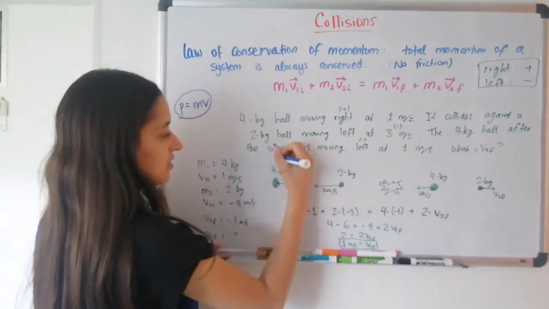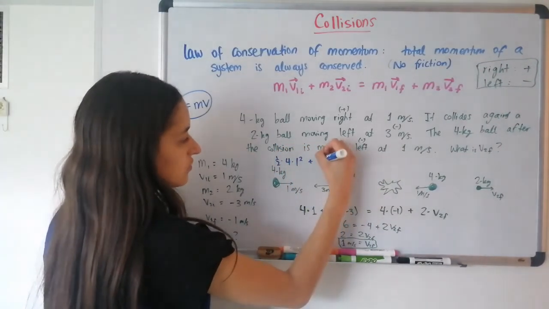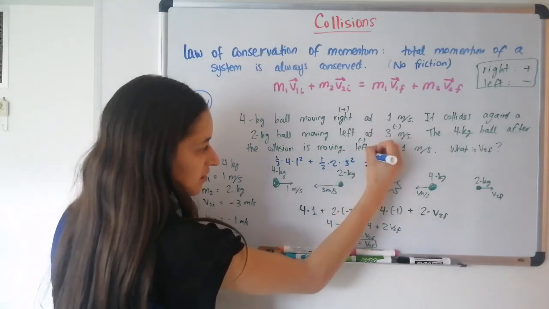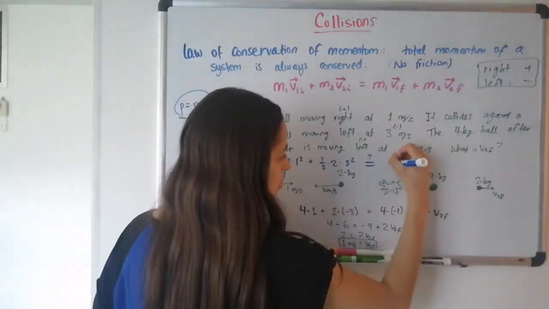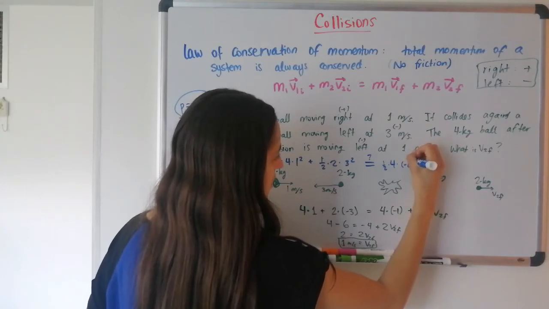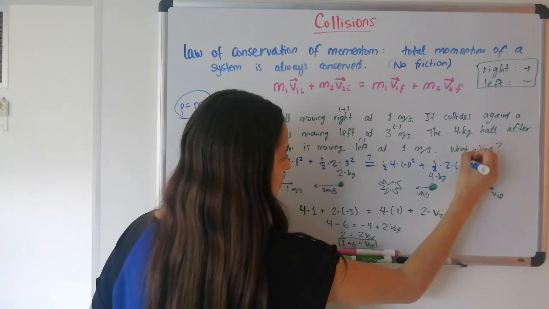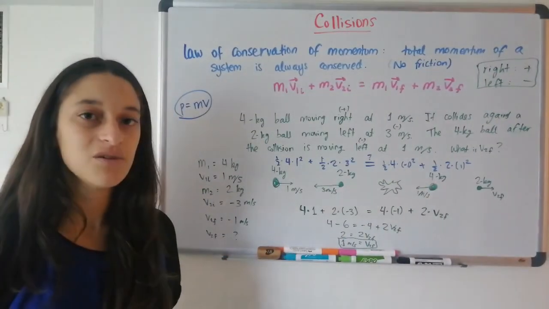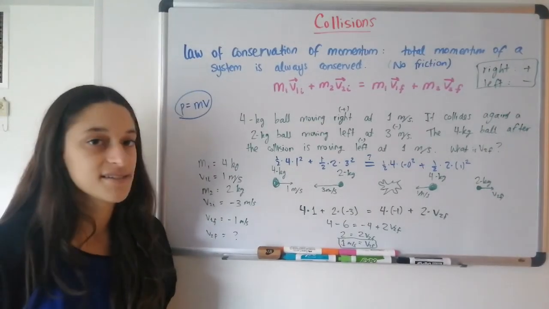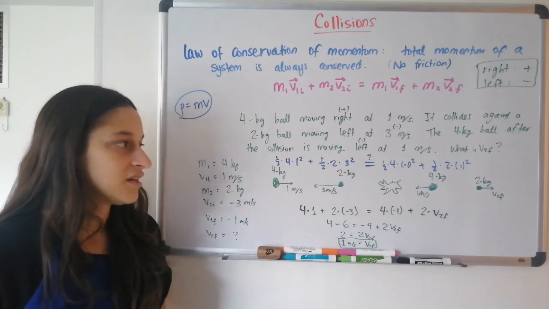So we could calculate 1/2 times 4 times 1 squared plus 1/2 times 2 times 3 squared, and check if that's equal to 1/2 times 4 times negative 1 squared plus 1/2 times 2 times 1 squared. If this gives equal on both sides, it's an elastic collision. If it doesn't, it's an inelastic collision. And it probably will be inelastic. I'm not going to do this, but you can check if you want to.